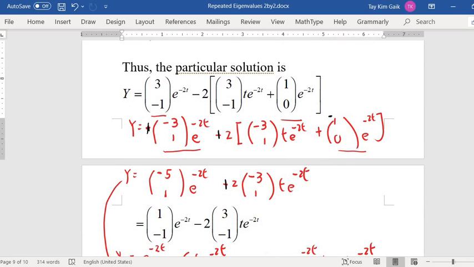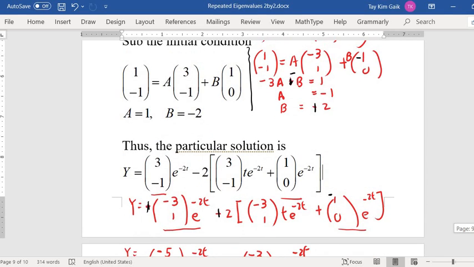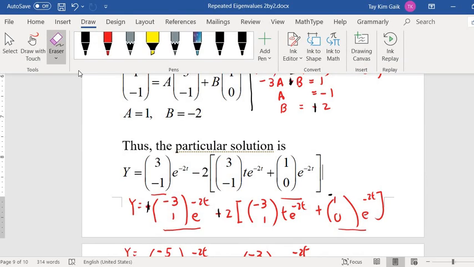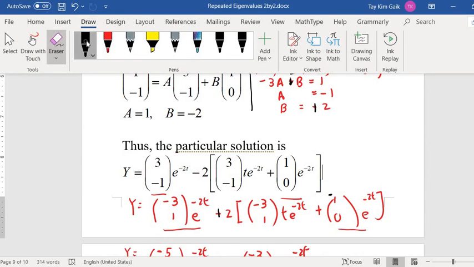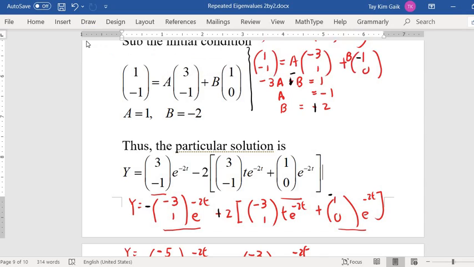So for the other variation, v1 is negative 3 and 1, because a we got is negative 1, so you get back the same thing.